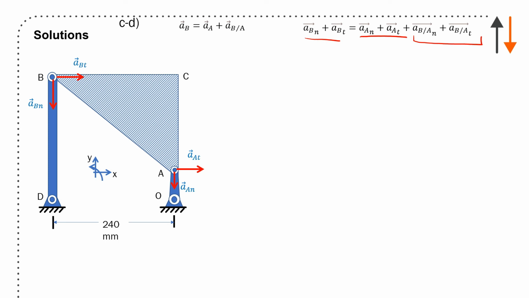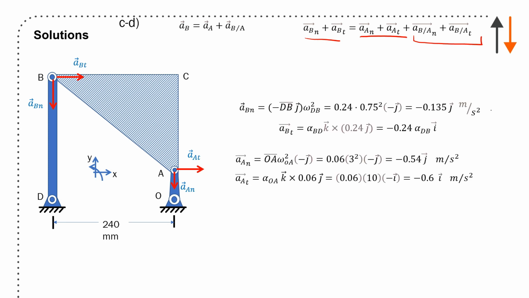Acceleration of B normal, you can calculate to be minus 0.24 alpha_DB. Acceleration A normal, minus 0.54 j. You know what the normal acceleration of B is. You don't know its tangential acceleration. And for acceleration A tangential, you're given that information and you have that.